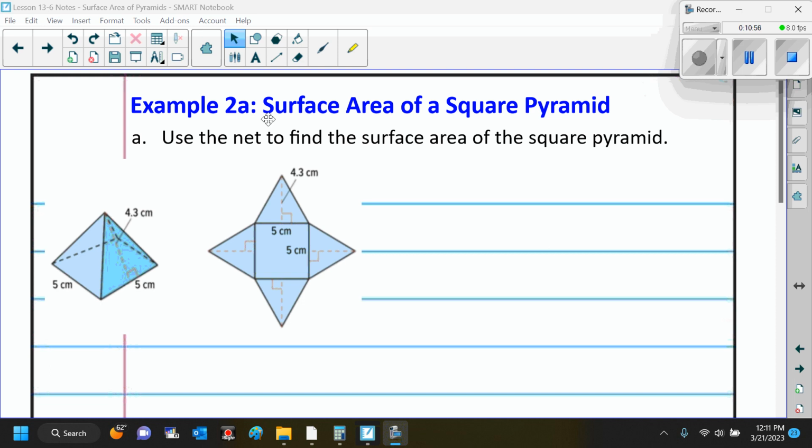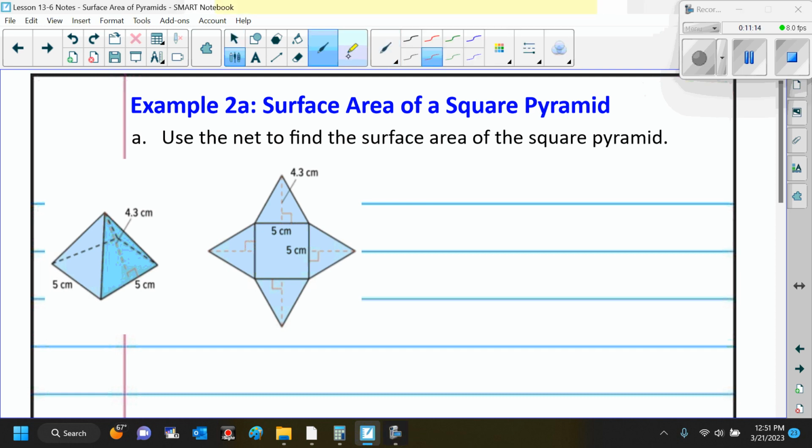Example 2a is to find the surface area of the square pyramid. So we're going to use this net to find that surface area. Alright, so when we do the surface area of a pyramid, especially if it's a square pyramid, we know that we have a square and we have 4 triangles that are exactly the same.